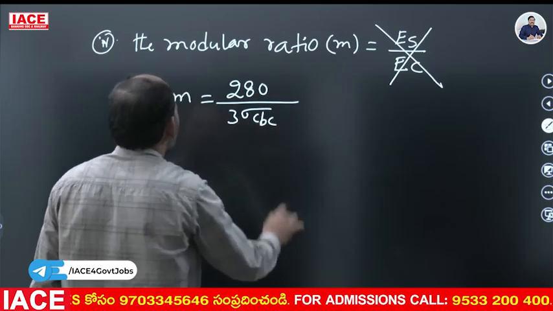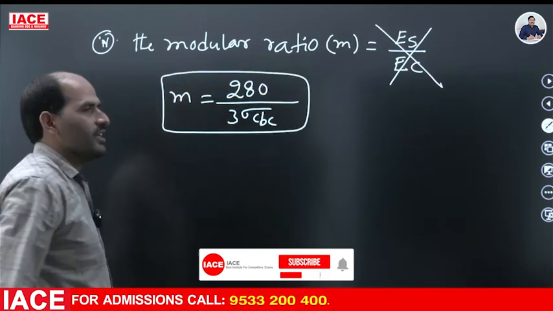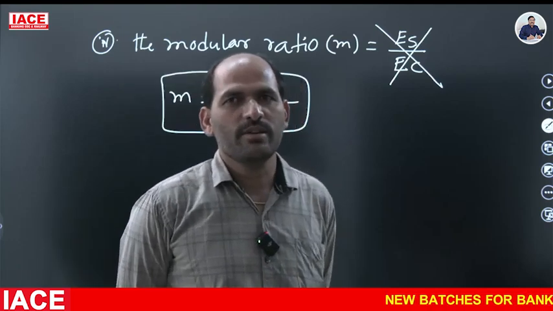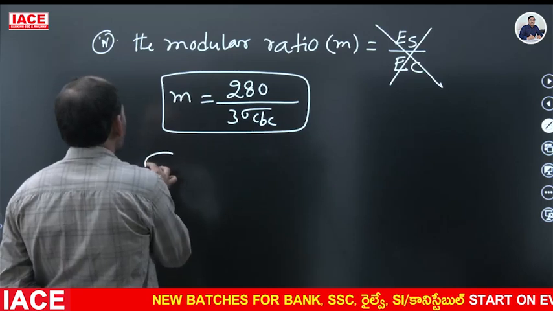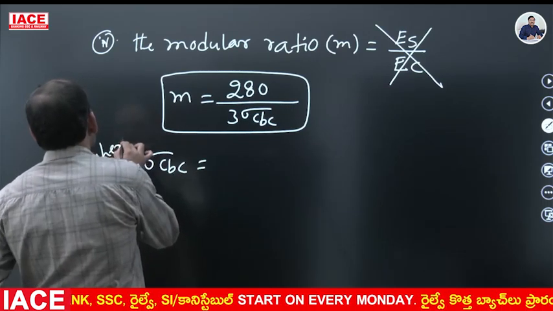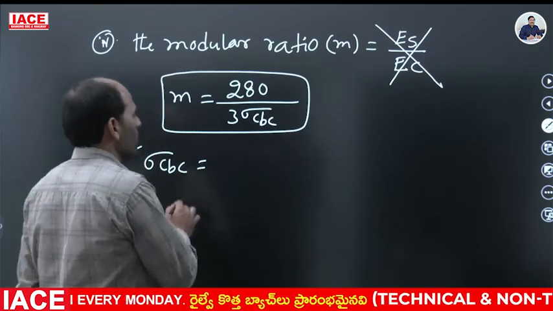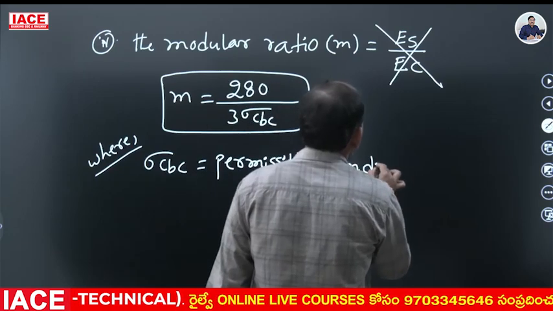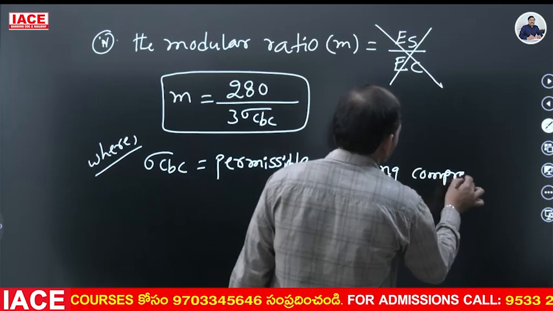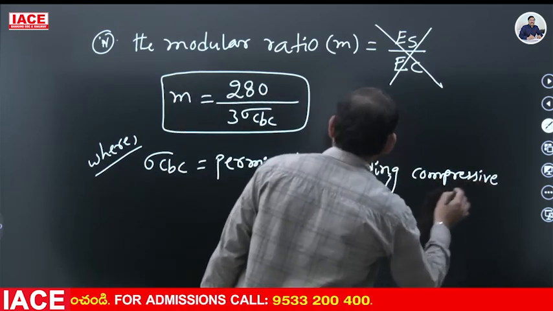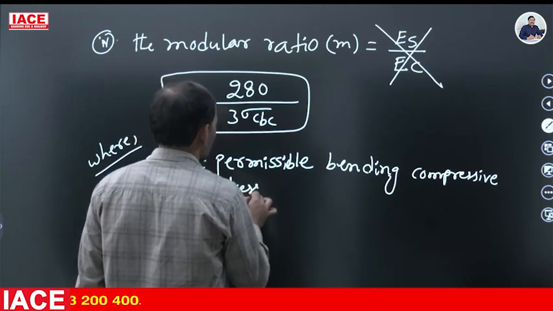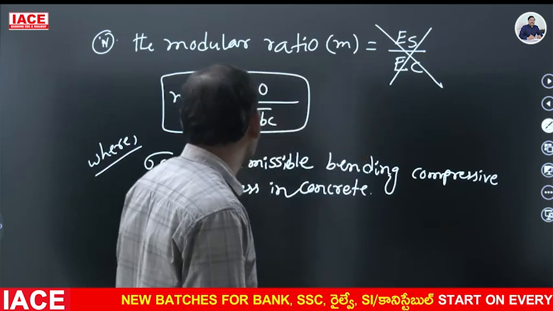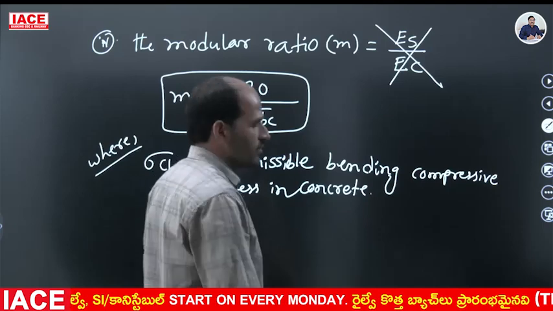This is very, very important from our examination point of view. 280 upon 3 sigma CBC, where sigma CBC is the permissible bending compressive stress in concrete, or permissible bending compressive strength of concrete.